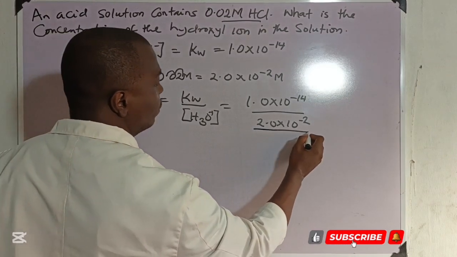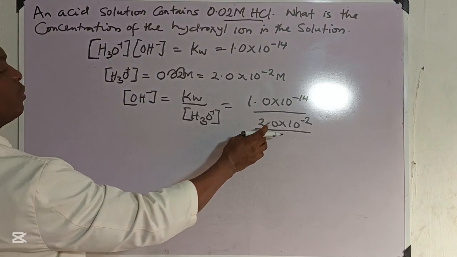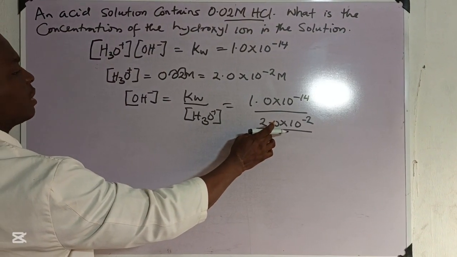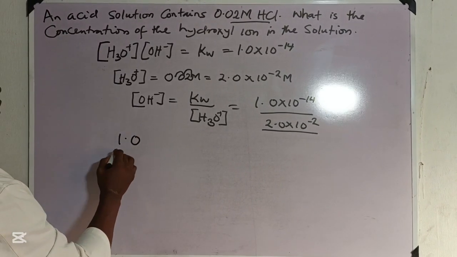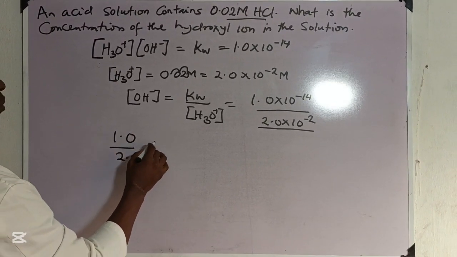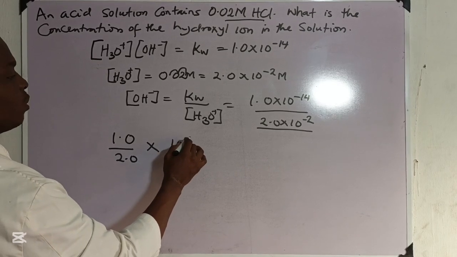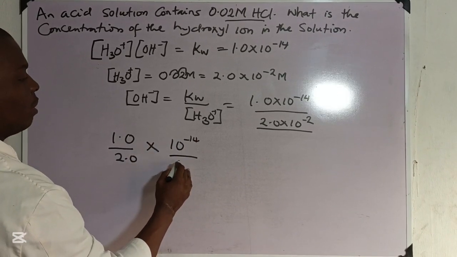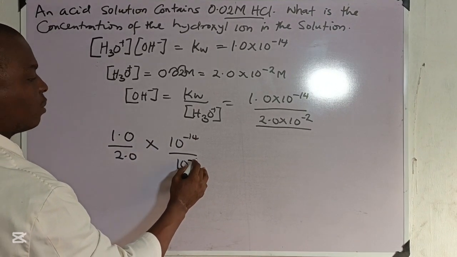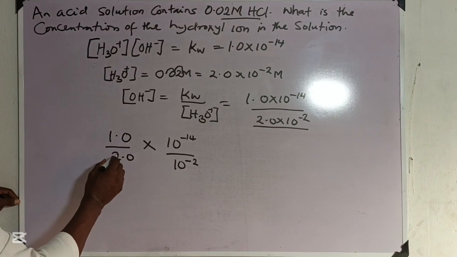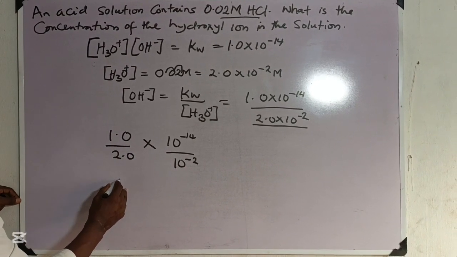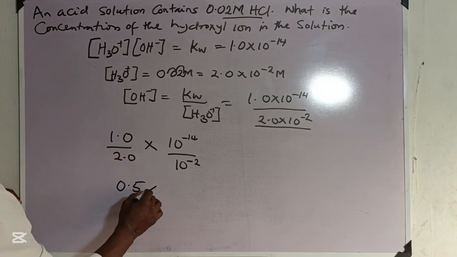Now, in order to solve this, we will separate the decimals from the powers of 10, and we will get 1.0 all over 2.0 multiplied by 10 raised to power minus 14 all over 10 raised to power minus 2. We do 1 divided by 2, which gives us 0.5.